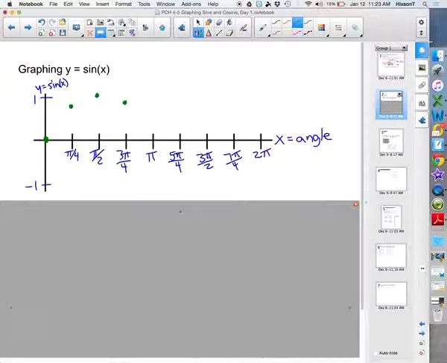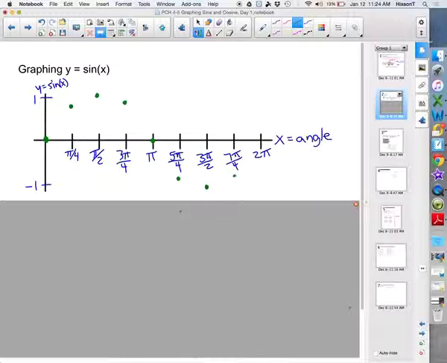What's the sine of pi? 0. What's the sine of 5pi/4? Good. Negative √2/2. The sine of 3pi/2? -1. The sine of 7pi/4?